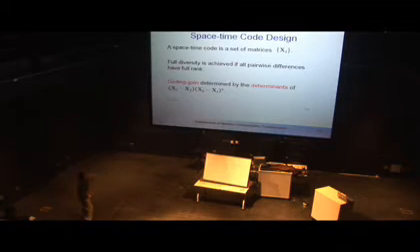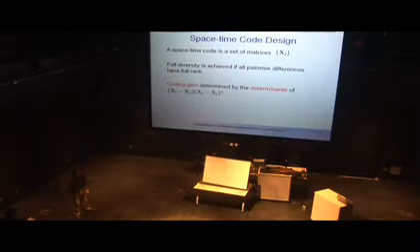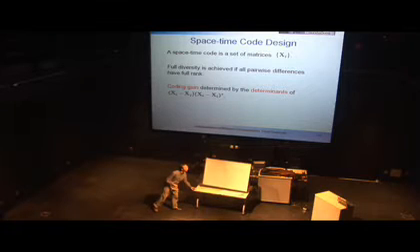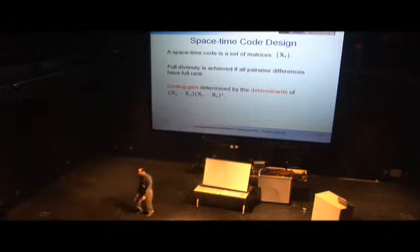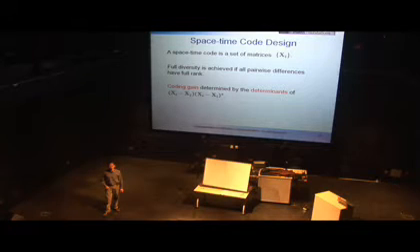So you can generalize this to space-time code design. You can do essentially exactly what we did for the time diversity case. Remember what we did in the time diversity case? We developed a general criterion for how to choose good diversity codes by looking at the product distance between code words.